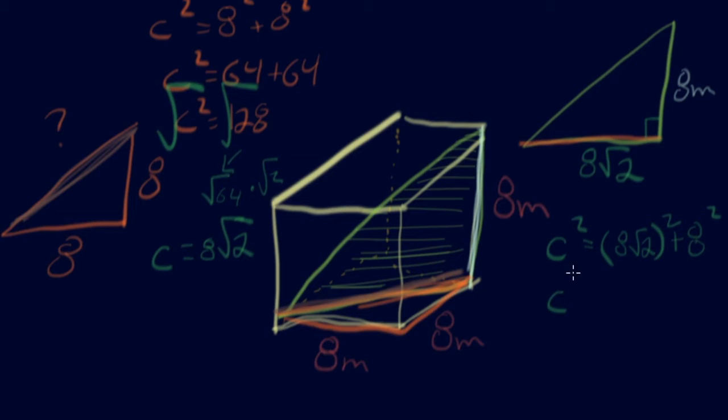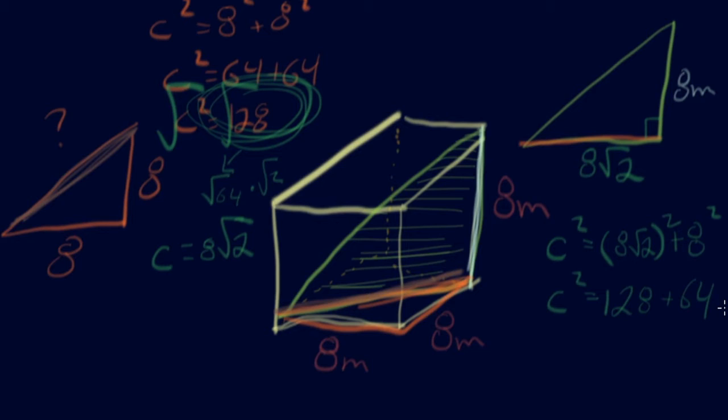Remember, if I square this, you can think of it as going backwards. So that's 64 times 2, so that's going to be 128, plus 64.